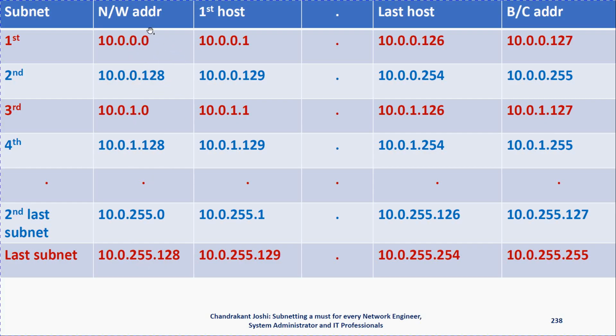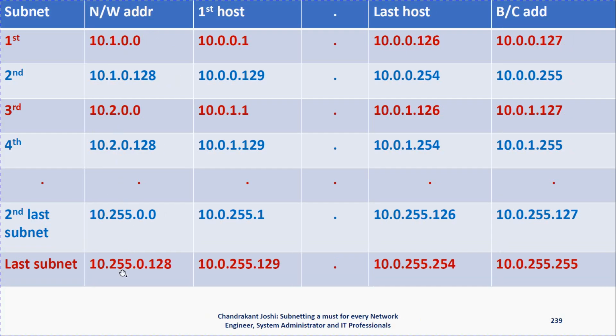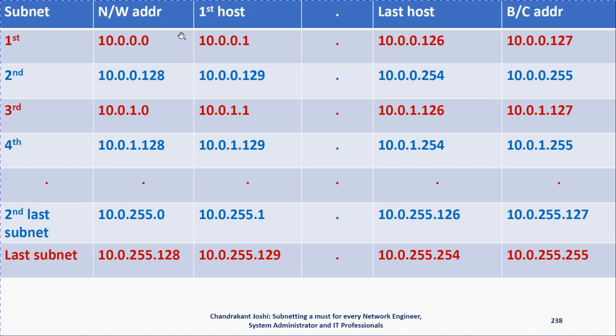So 2 times 256. Now again it will be multiplied by 256 because 0 series through 255 series is 256. So 2 times 256 times 256. So 256 means 2 power 8.